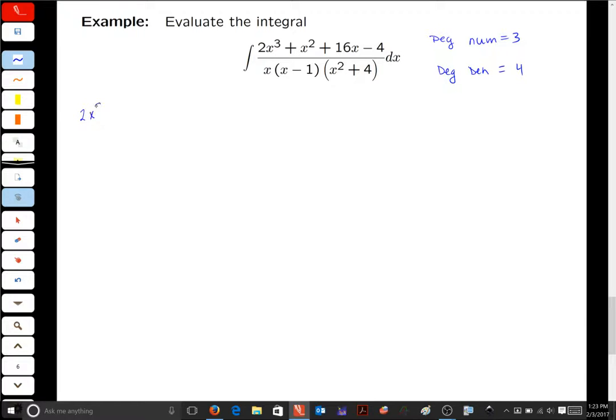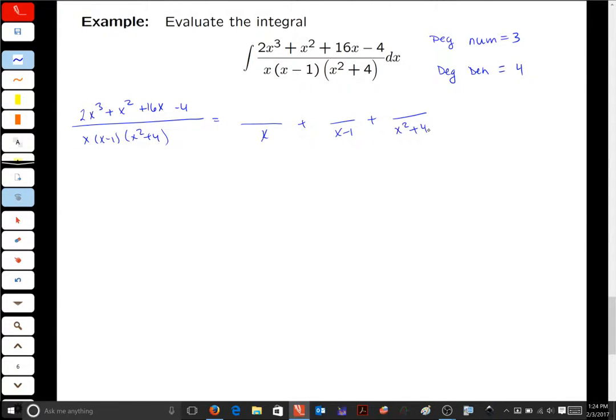So we have 2x cubed plus x squared plus 16x minus 4 all over x times x minus 1, x squared plus 4. I have to break this up. We're going to have our x fraction, our x minus 1 fraction, and an x squared plus 4.